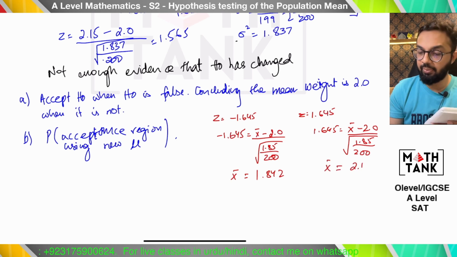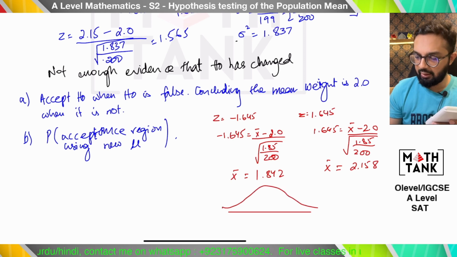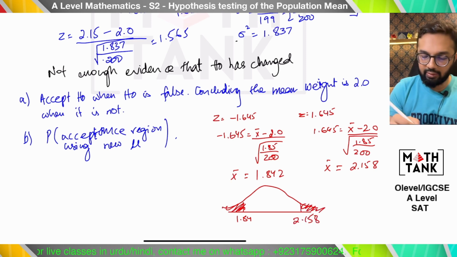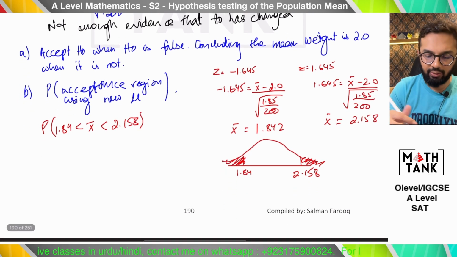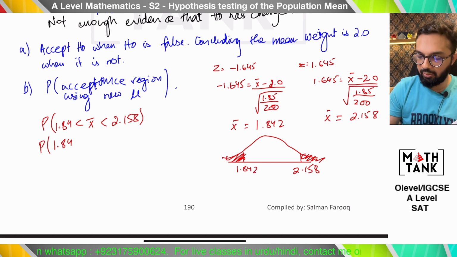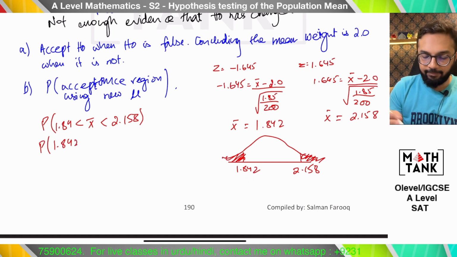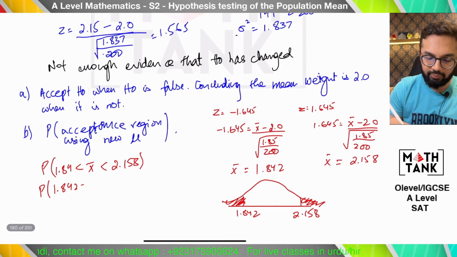X bar equals 2.158. So the rejection region is less than 1.842 and greater than 2.158. So the acceptance region is going to be x bar between 1.842 and 2.158, and I'm going to use the new mu to calculate the probability of this. 1.842 minus, what's the new mu? The new mu is 2.12.